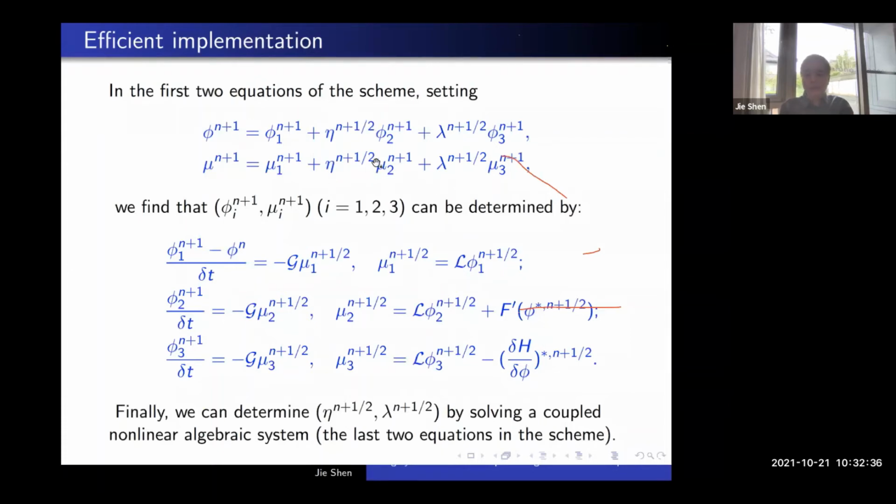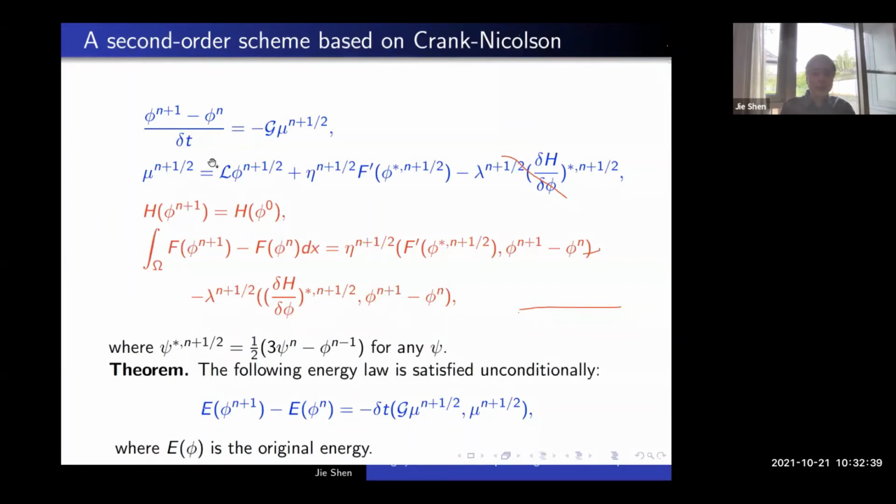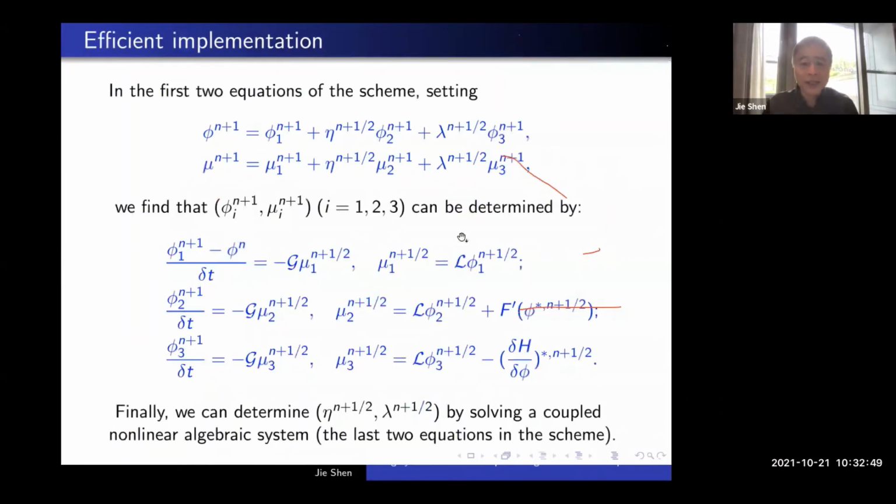You plug those two into just the first two equations, the linear equations. Then you collect all the terms without eta and lambda, and you get a linear equation for phi 1. For eta you get a linear equation for phi 2, mu 2, and for lambda you get a linear equation for phi 3, mu 3. So you just solve three decoupled linear equations with constant coefficients at each time step.